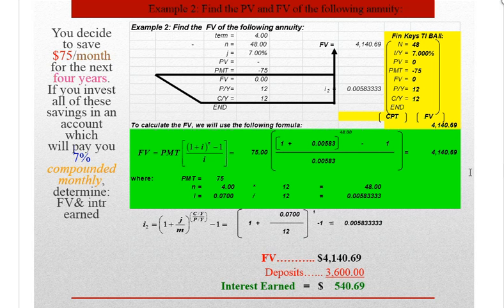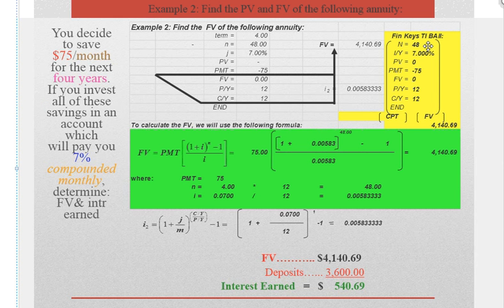Example 2 is a similar one. So we're going to show the diagram, extract the information, and we're saying again P over Y is C over Y, so we're going to use I is equal to 0.07 divided by 12. Plug into your formula, and then you can use your calculator. So this is for TI Business Analyst 2.